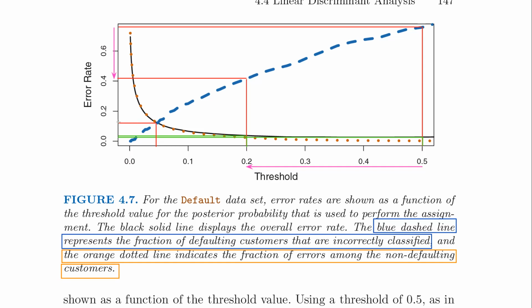You know what? You'd get the same error rate for both the defaulting and the non-defaulting, right? You'd get an error rate of around, looks like, 12, 13%. Let's see, might be important.